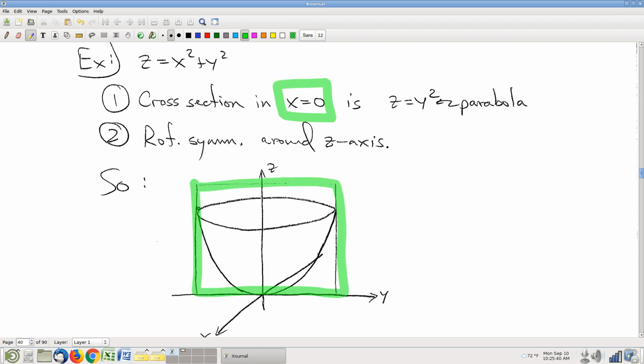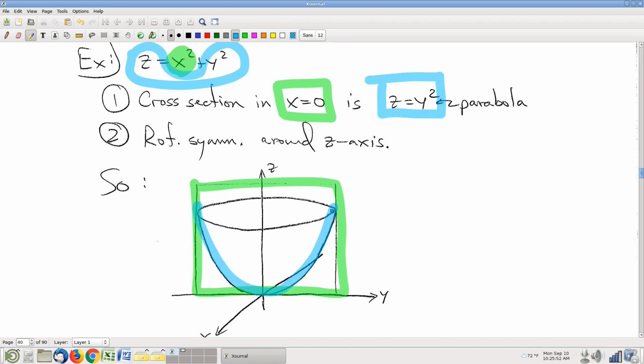If x is equal to 0, that term just goes away. And all I'm left with is z equals y squared, which is a parabola in that plane. I know it's rotationally symmetric, and I know one of the cross sections, so just rotate that cross section around the z-axis and bowl.